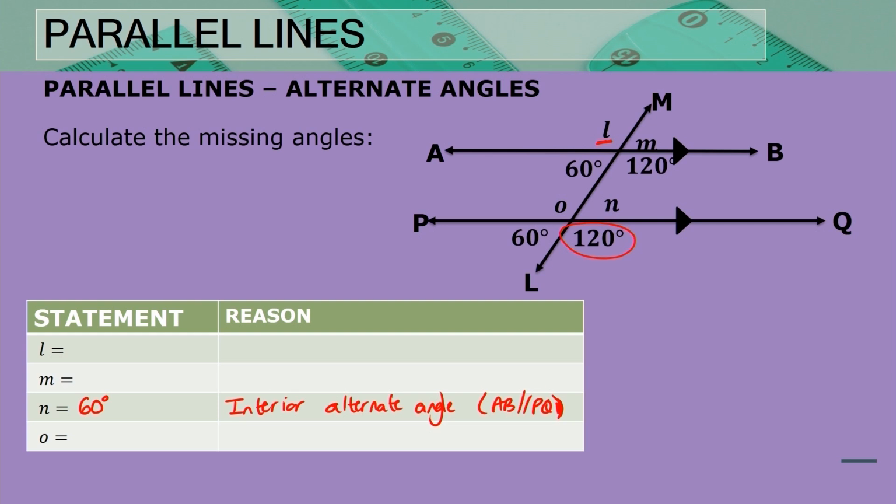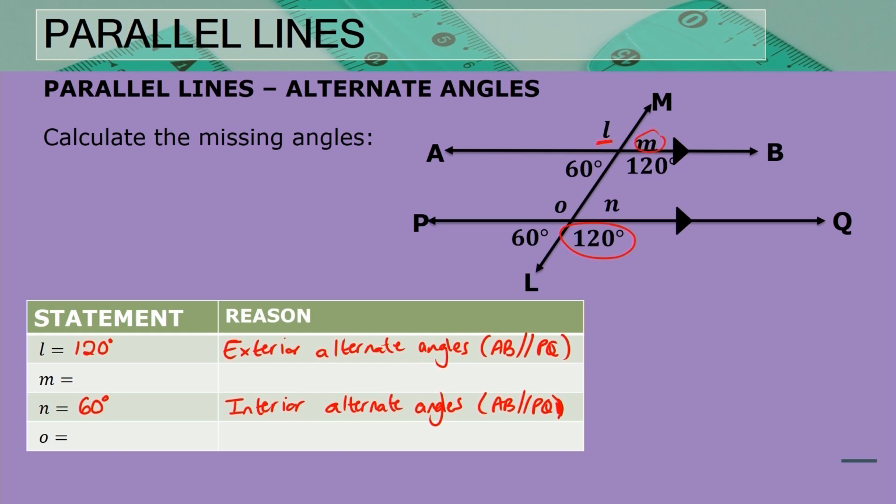So that is going to say that angle L is equal to 120 degrees, and that is because of the exterior alternate angles. They are equal only because of the two parallel lines, that is AB and PQ. Let's look at angle M.